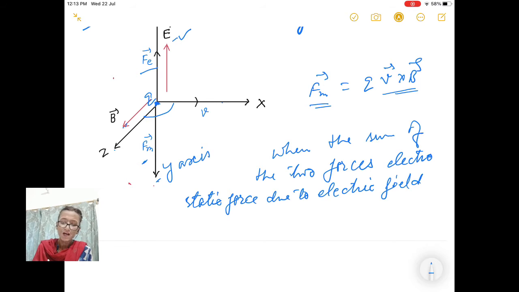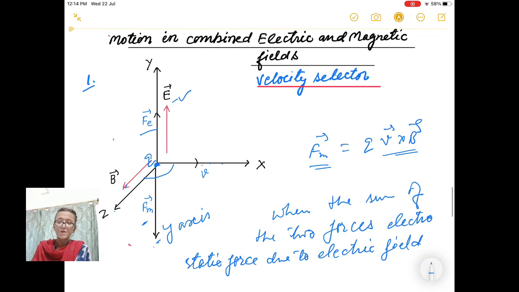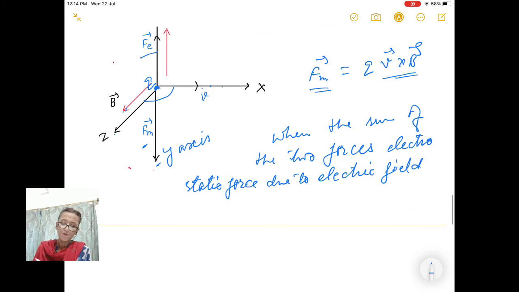The same charge is present here, moving with velocity v. Its velocity is along the x-axis, but at this very point you have two fields. These fields are called cross fields. Electric field is there, magnetic field is also there, and due to them the two forces are acting in opposite directions.